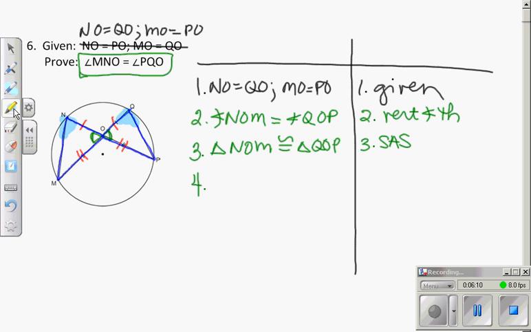Here are the two triangles that I just proved congruent. Parts in the blue highlight are corresponding parts of my now congruent triangles, and so I can say angle MNO is equal to angle PQO by CPCTC. Good luck.